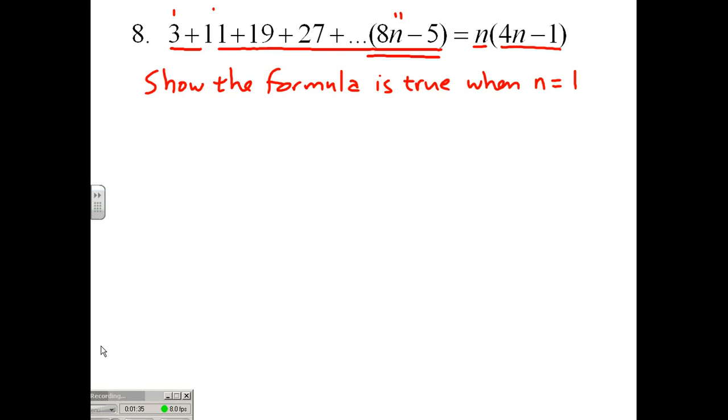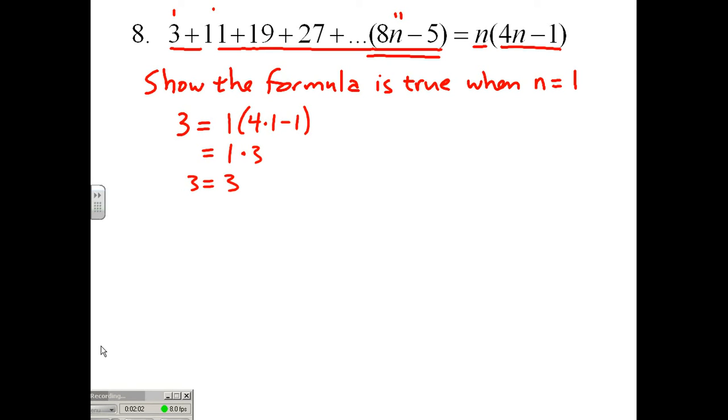When n equals 1, the left side of our equation just becomes the first term, 3. And of course, when n equals 1, the right side of the equation becomes 1 times 4 times 1 minus 1, or 1 times 3, or 3. So 3 equals 3, which in domino speak means, yes, the first domino is going to tip.